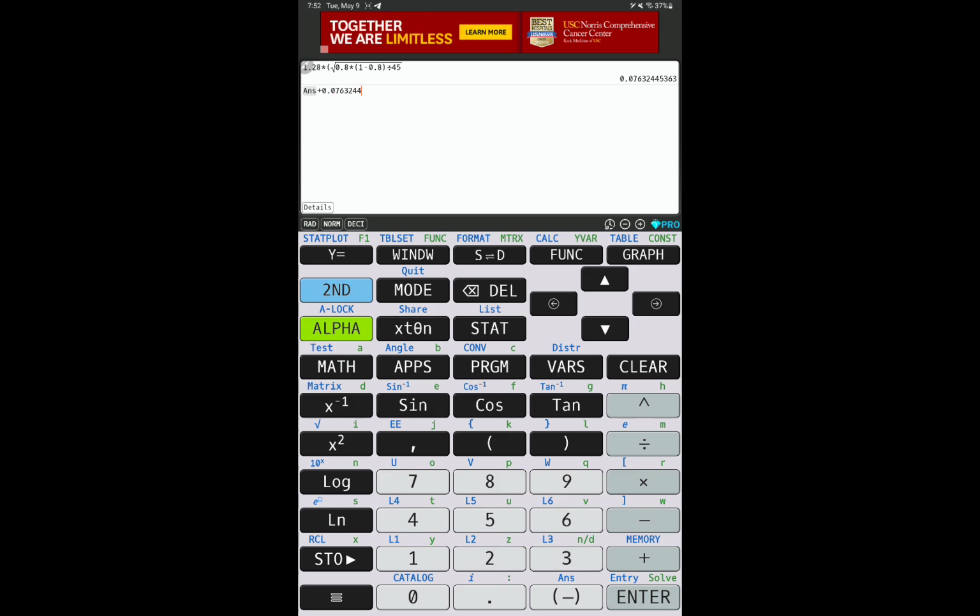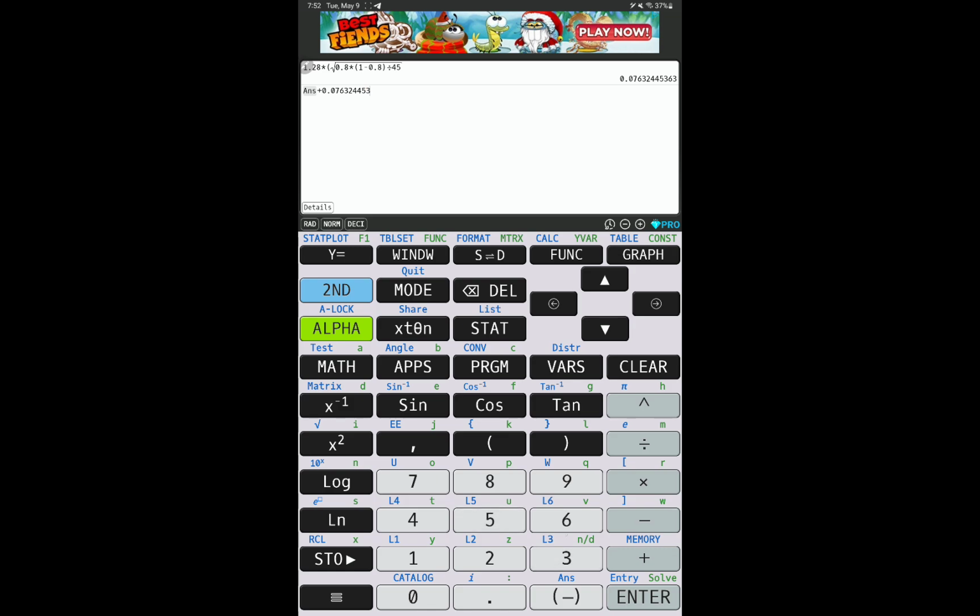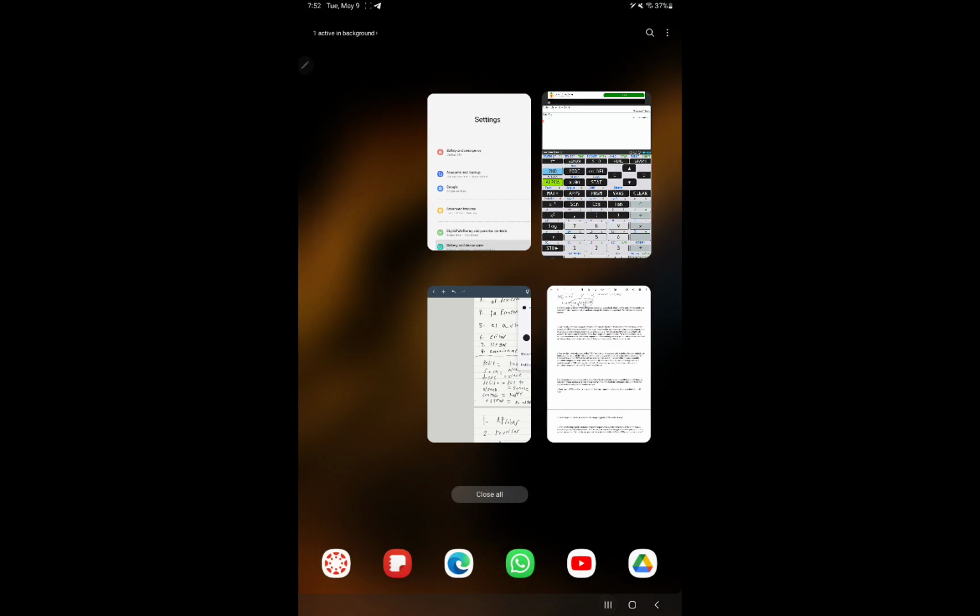I'm just going to plug in the original number too, oh no, not the original number, sorry, 0.08, right? And what you get from that is 0.88 rounded.